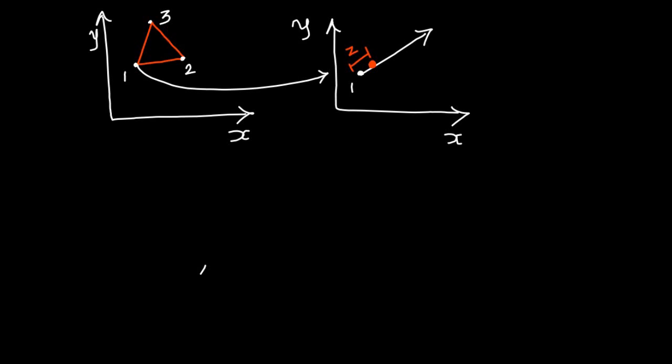Maybe you can call that 1 dash to separate that from nodal point 1. This red fellow, how do you think this red fellow is going to get displaced? The red fellow gets displaced in exactly the same fashion as nodal point number 1.